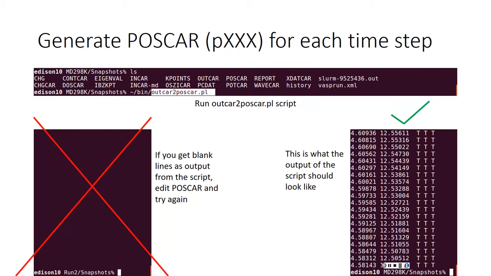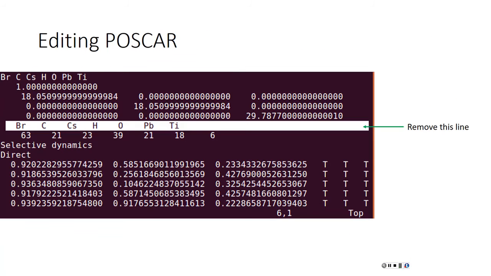But then why is it running for dynamics? Because this script is written for VASP 4. It's not a problem when you run dynamics with this line in the POSCAR; there are no problems at all. VASP expects that line.